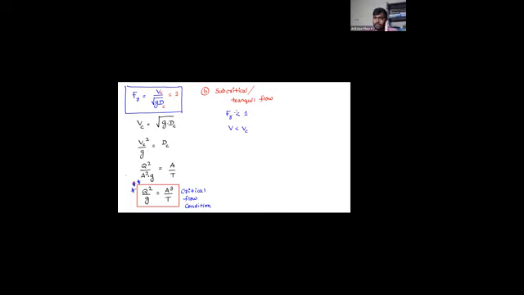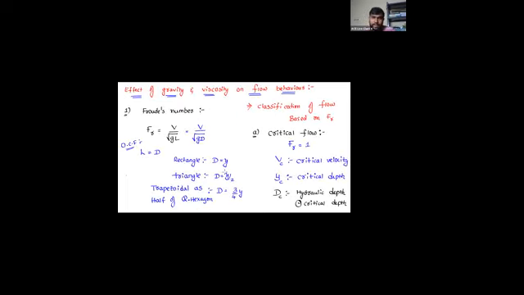Okay? Now, let's take a rectangle or any other channel. What is D? D is a function of y. Froude number is inversely proportional to D, and D is directly proportional to y.